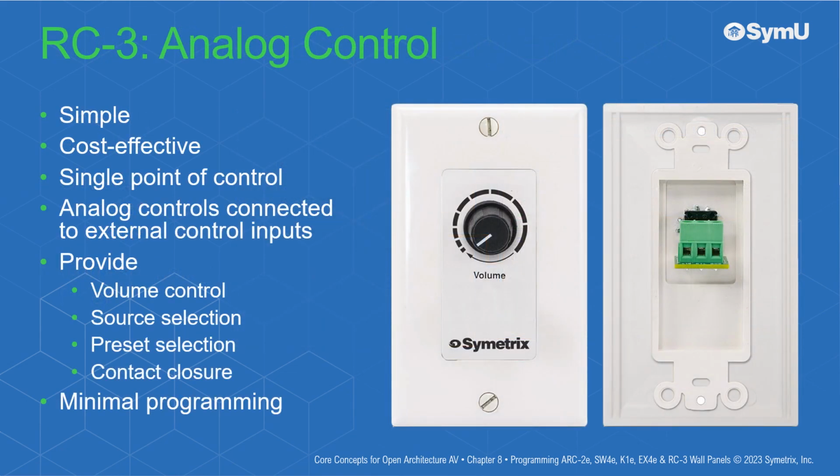Many systems require only a simple and cost-effective single point of control. For these situations, analog controls are connected to Symetrix DSP's external control inputs to provide volume control, source selection, preset selection, or a contact closure, all with minimal programming.